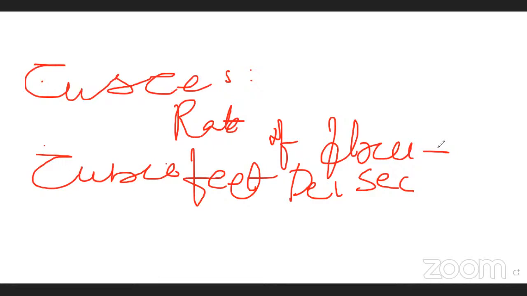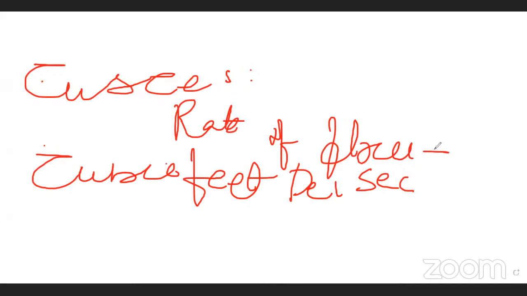What is 1 cubic feet? A cubical container of dimensions 1 feet length, 1 feet breadth, 1 feet height, full of water. Such containers, 1,30,000 of them, are getting into the reservoir every second. That is known as inflow, the rate at which water is getting into the reservoir.